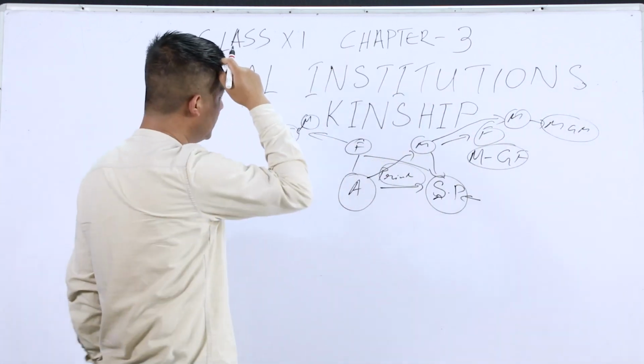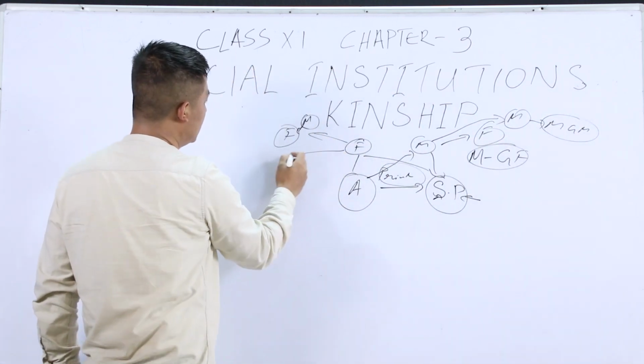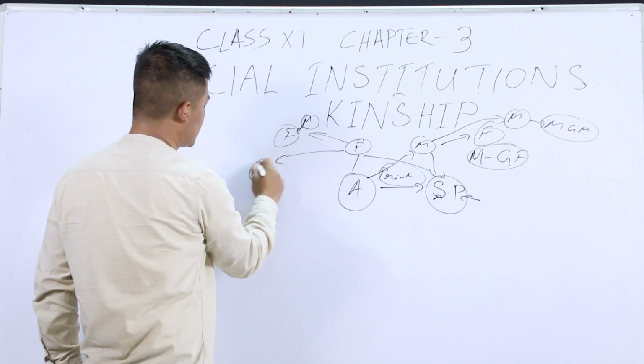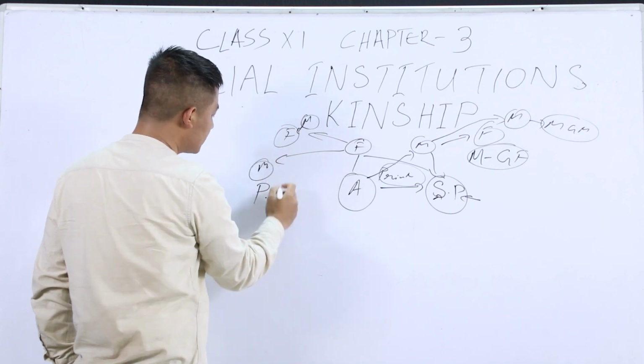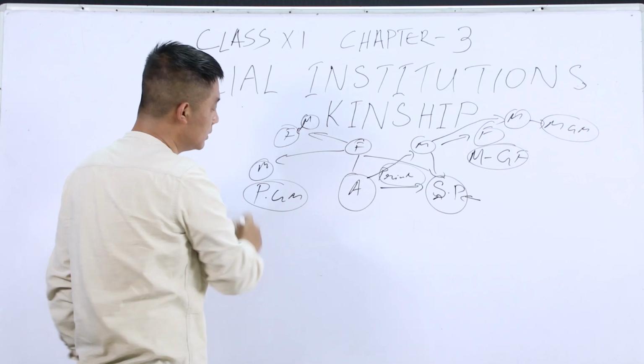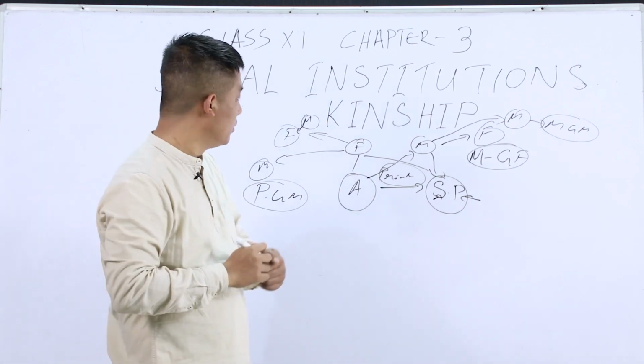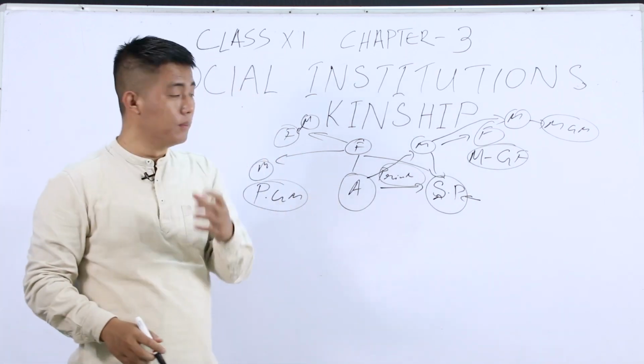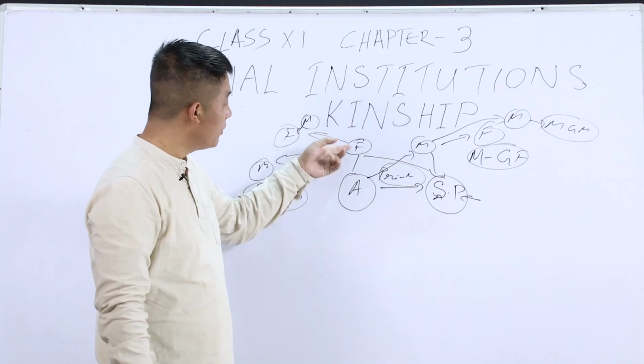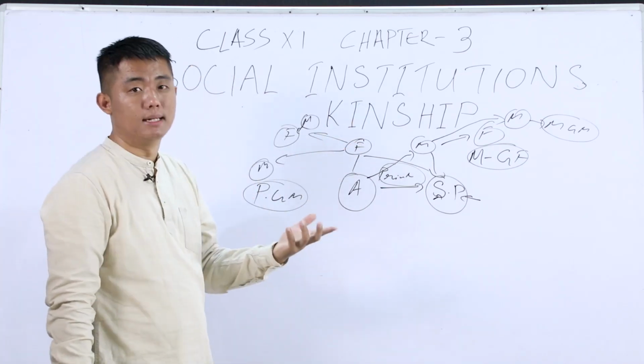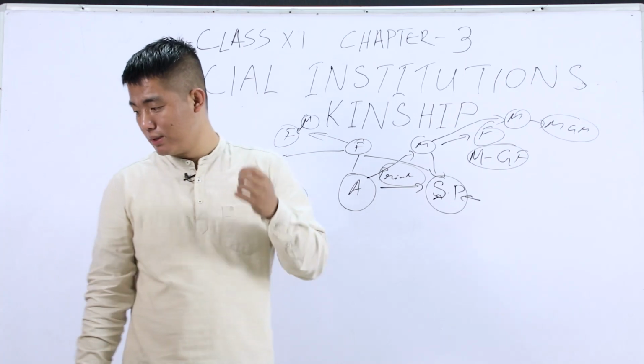Or, for example, your father's mother, which is called paternal grandmother. So those are the people with whom you have primary kin, and your primary kin is again called your secondary kin.